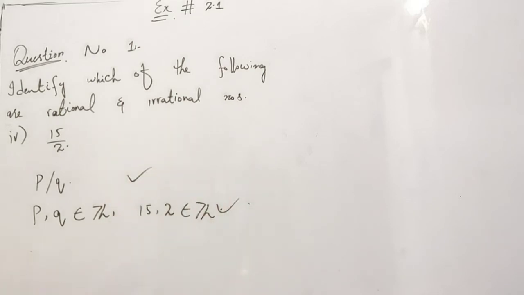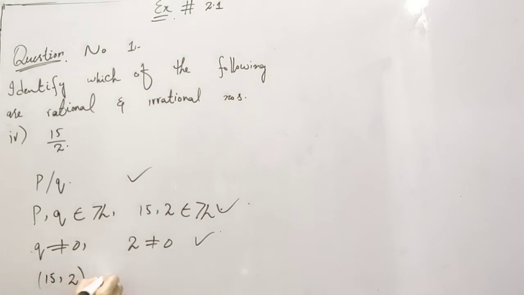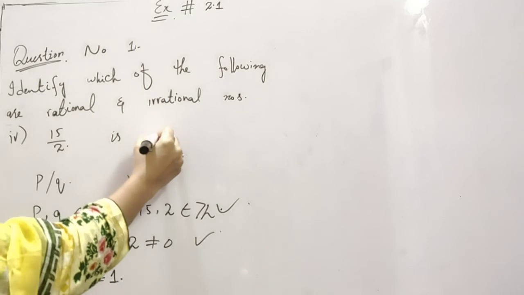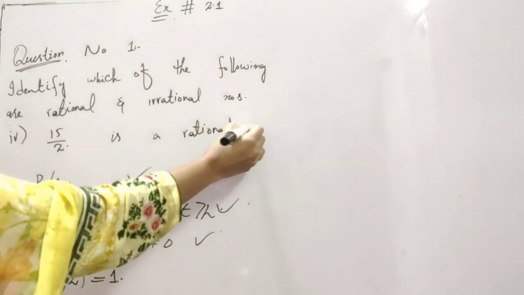Both conditions are satisfied. And the third condition is q is not equal to 0, and q is equal to 2, so 2 is not equal to 0, condition true. And the last condition is the GCD of p and q should be 1, and here the GCD of 15 and 2 is equal to 1, so we can say that 15 by 2 is a rational number.